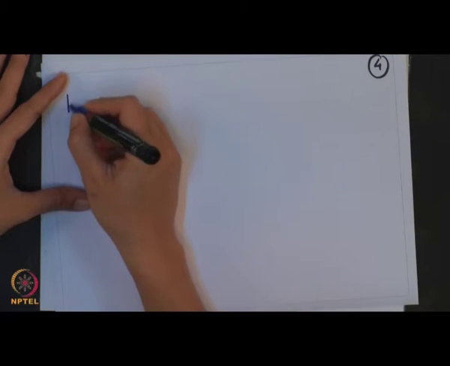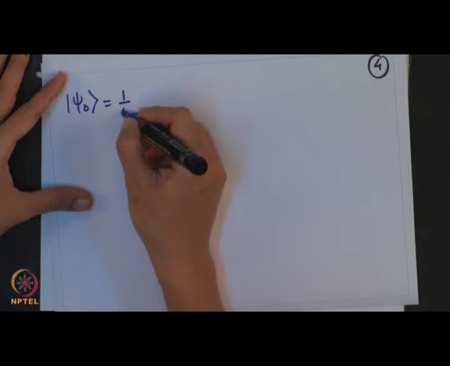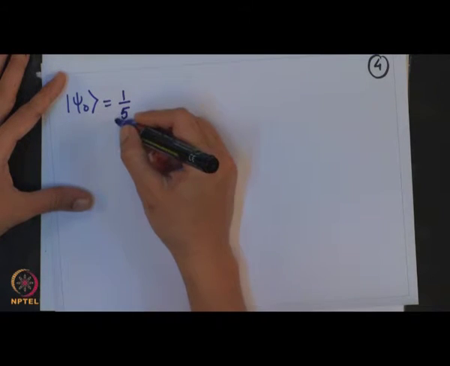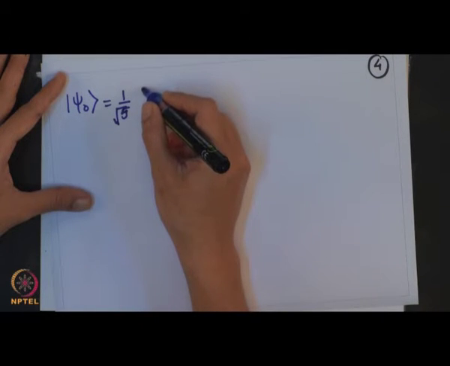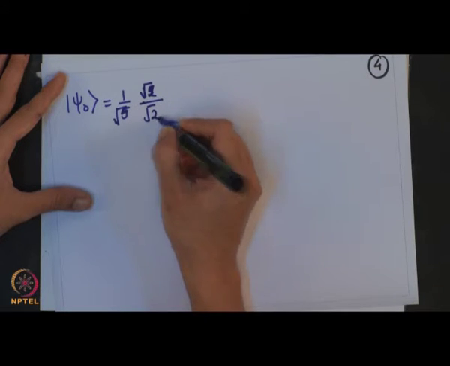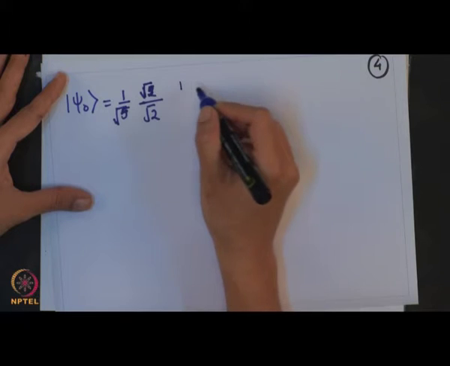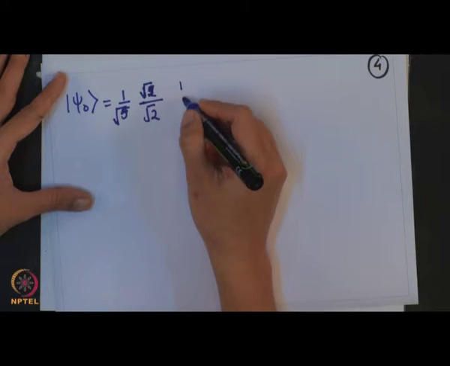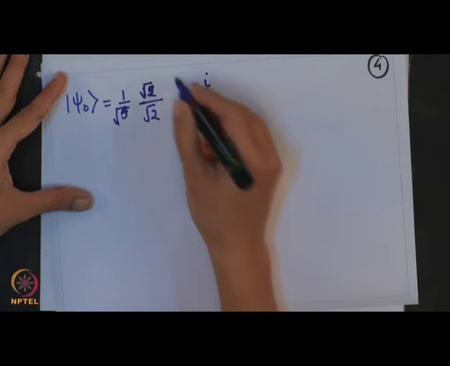Anyways, we have to calculate psi naught. So, I can write this as 1 by root 5, root 2 by root 2, I can write this, right, and I have 1, minus i, 1, minus i, 1.